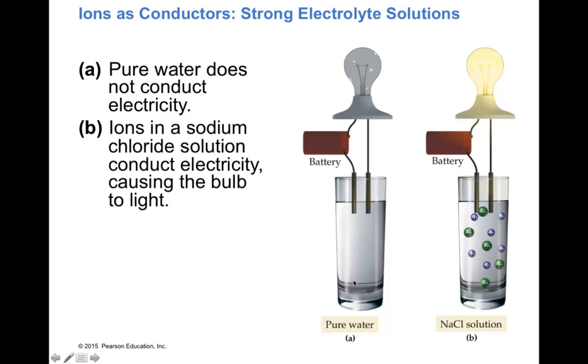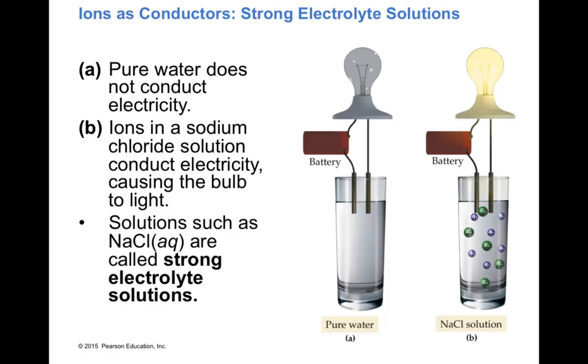Now, if we add sodium chloride, then that solution can conduct electricity, and that will make the bulb light. This is due to the presence of those ions. Solutions such as sodium chloride are called strong electrolyte solutions, and another characteristic is that they are really good conductors of electricity.